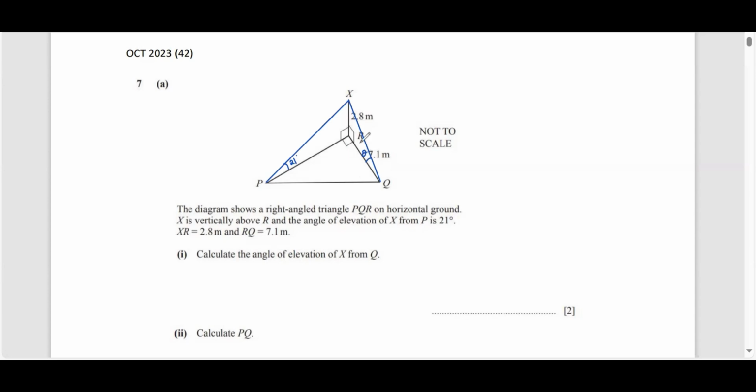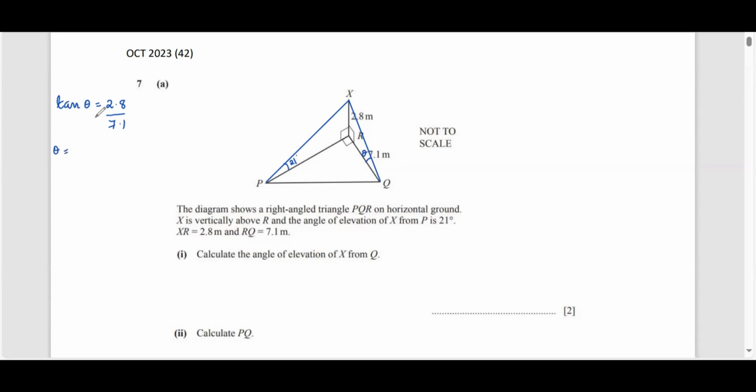Considering this angle theta, I know the opposite side, that is 2.8 meter. And then again, I know the adjacent side, that is 7.1 meter. So opposite and adjacent, that is the trigonometric ratio tan that we need to use here. So tan theta is equal to opposite 2.8 over adjacent 7.1. We need theta.